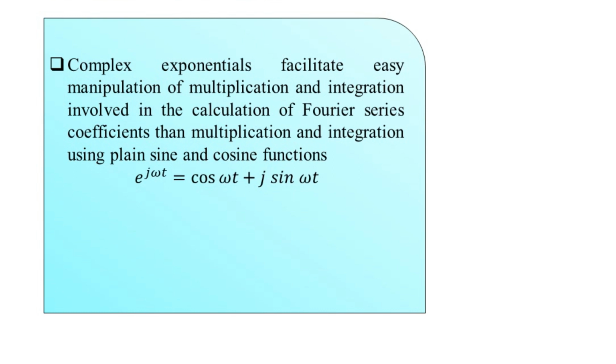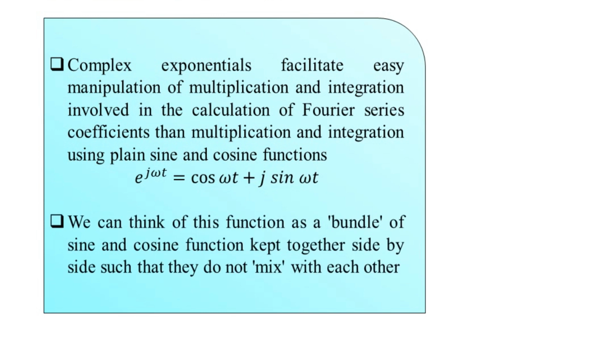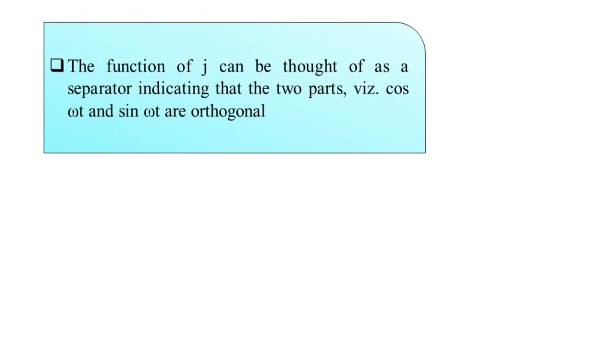We can think of this functional representation as a bundle of sine and cosine functions kept together side by side such that they do not mix with each other, and j can be thought of as a separator indicating that the two parts, cosine omega t and sine omega t, satisfy the condition of orthogonality.